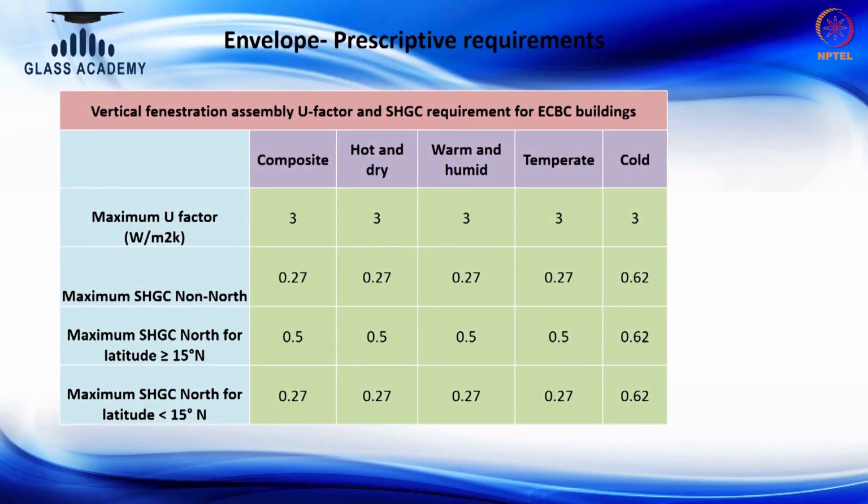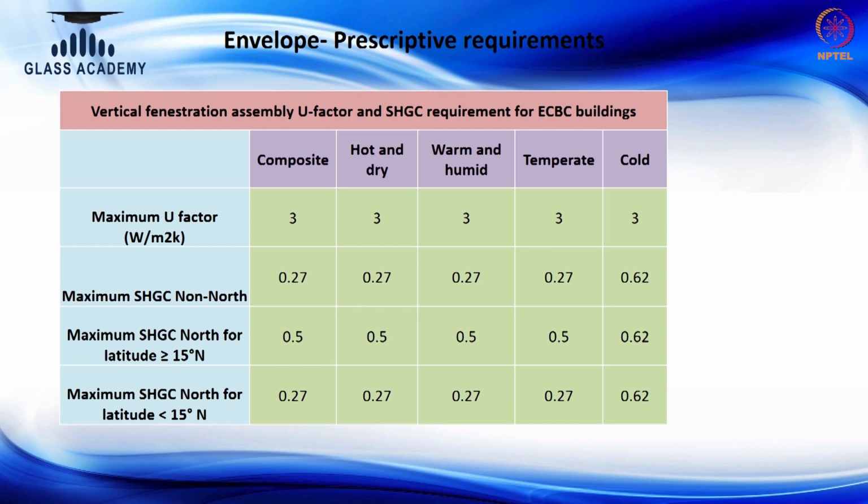So then on energy, what is recommended as per ECBC is, you have a U value requirement, which is ideally 3 watts per square meter degree Kelvin, and for the solar heat gain coefficient for the non-north areas, for the standard ECBC buildings, the minimum solar factor requirement is 0.27.